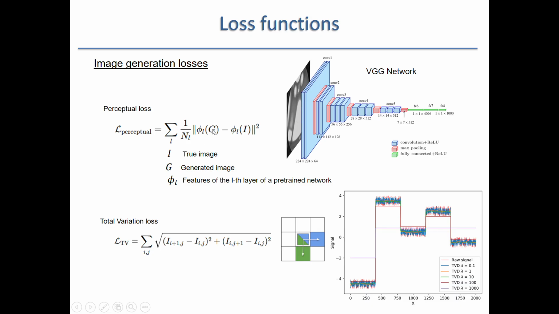the tensor associated to the generated image and the tensor associated to the true image, the difference between these two should be small, because what you want is that the generated images look like the true images. And typically you do this with pre-trained networks.